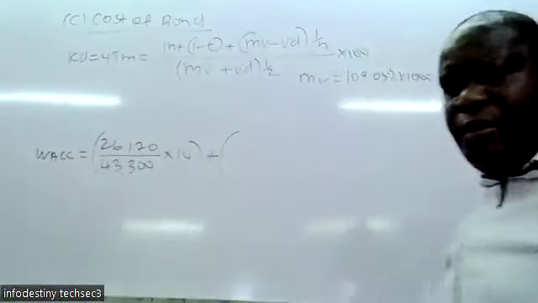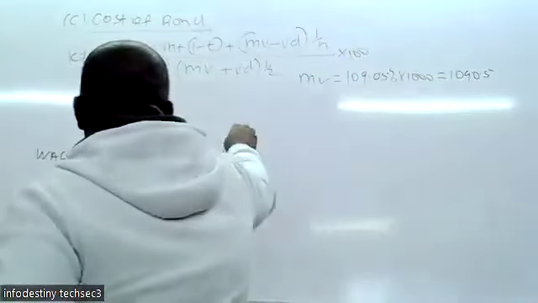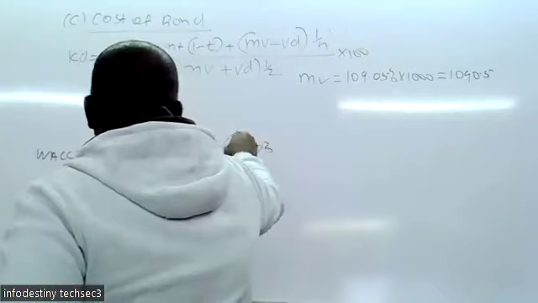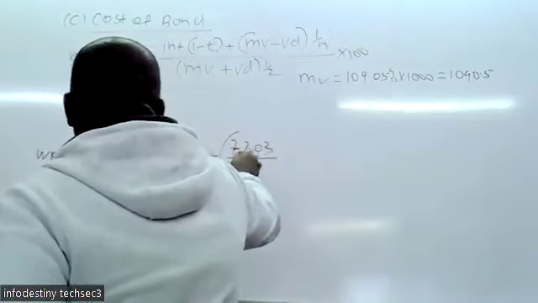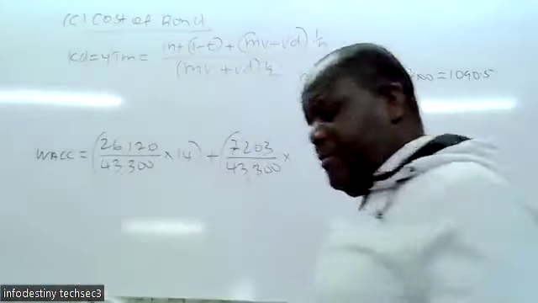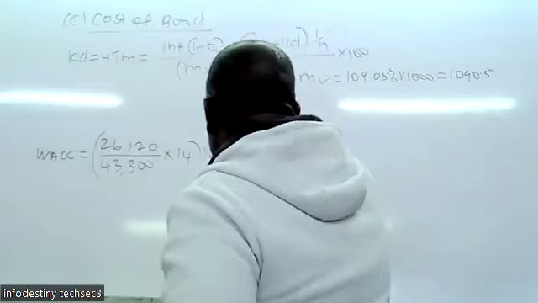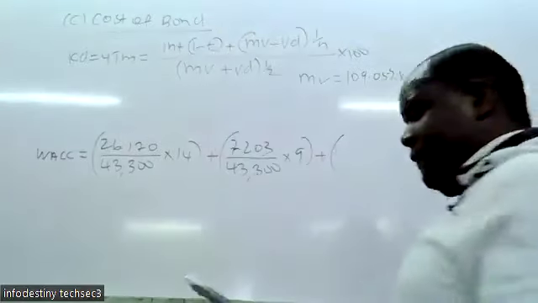Then the preference shares, 7,203 divided by 43,300, multiplied by 9%.